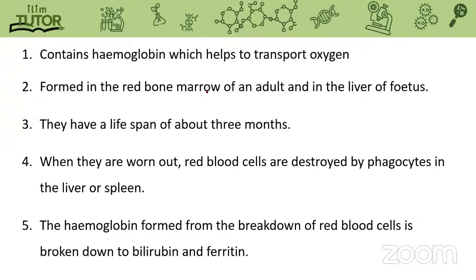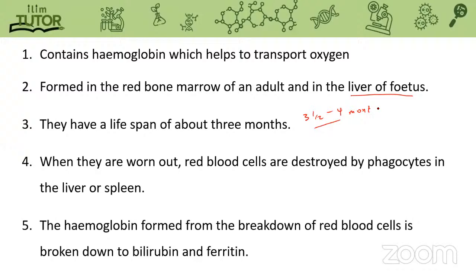Secondly, the red blood cells are actually formed from stem cells within the red bone marrow, as well as within the liver of the fetus. Thirdly, they have a lifespan of about three and a half to about 4 months.